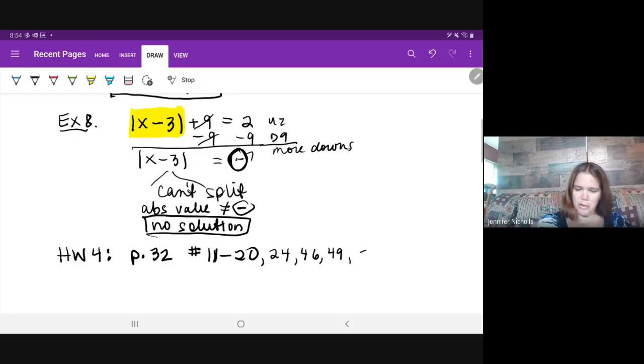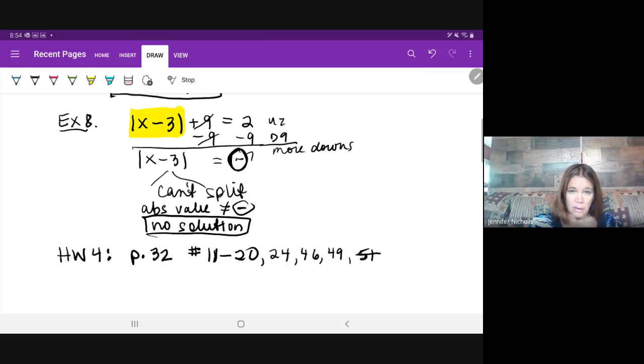Okay, the homework also had 55 on it, but I'm going to cross that one out. So you don't have to do that one. Yeah, this is actually called homework 4N.